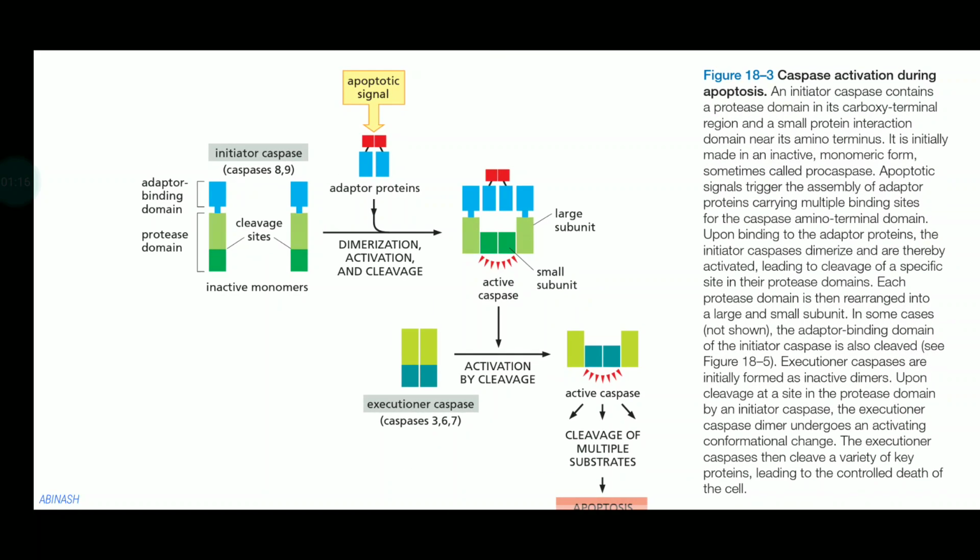So here is this picture. The adapter protein shown here is FasL, the Fas ligand, which binds to the Fas receptor, and this binding causes the activation of caspase 8. This caspase 8 has a death domain, DD, which causes the activation of the executor caspase, otherwise called the effector caspase, also called the procaspase.